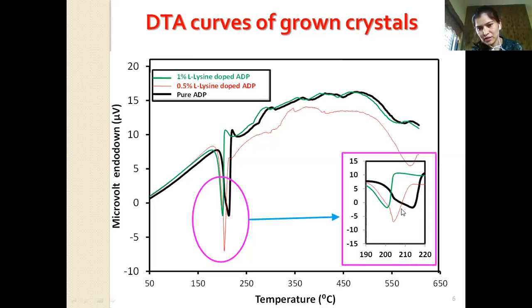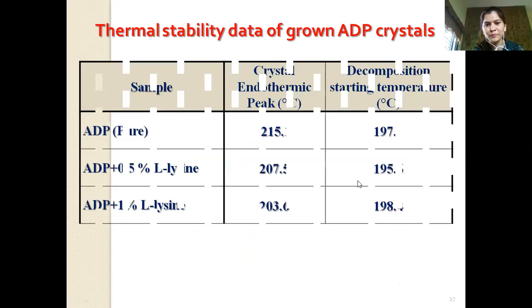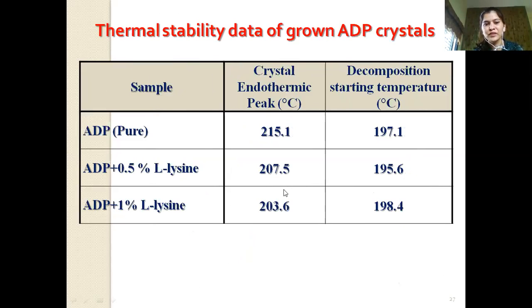If we see it clearly here, the 1% lysine doped ADP has a melting point of around 200 degrees Celsius, exactly 203 degrees Celsius, whereas the 0.5% has 207 degrees Celsius, and pure ADP has 215 degrees Celsius. All this data is tabulated here, and hence this confirms that the thermal stability of the crystal decreases due to the presence of the L-lysine molecule in the crystal lattice of ADP.